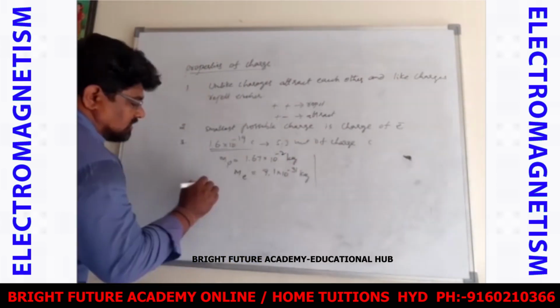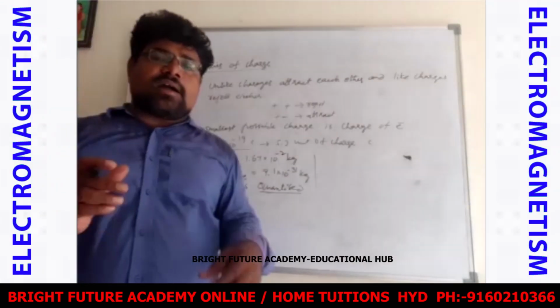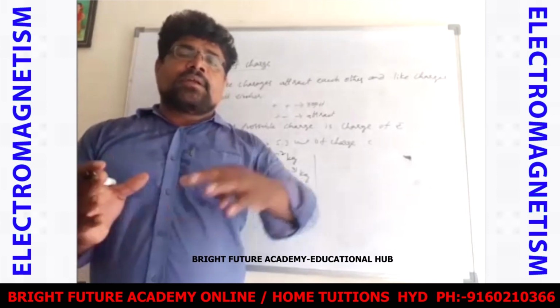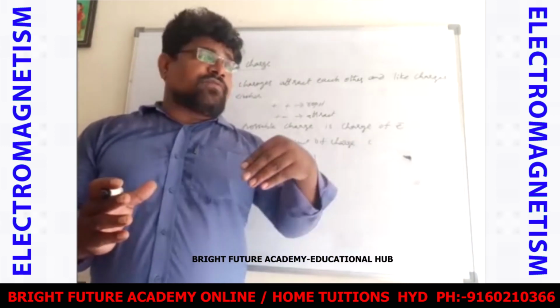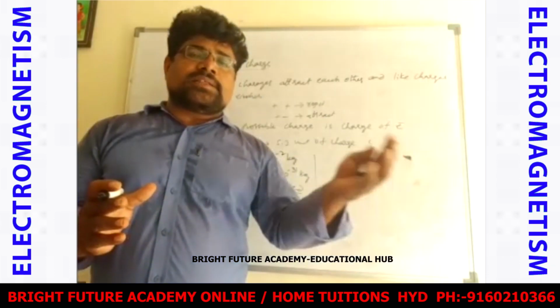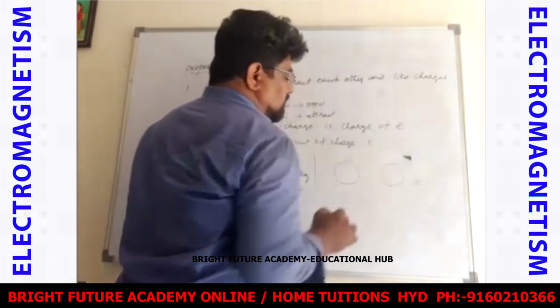And next one is charge is quantized. What is the meaning of quantization of charge? Quantization means if we want to transfer charge from one body to another body, then the charge flows in the form of a number of electrons. Here one body is there, here one body is there.